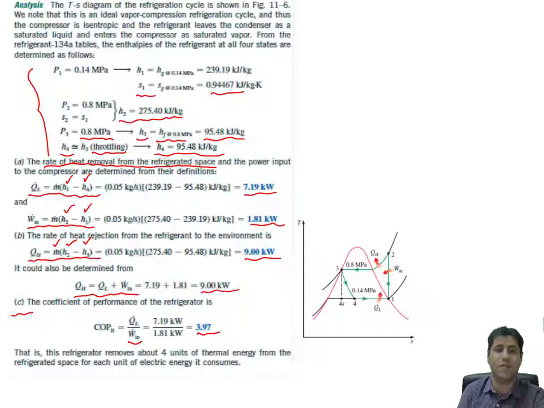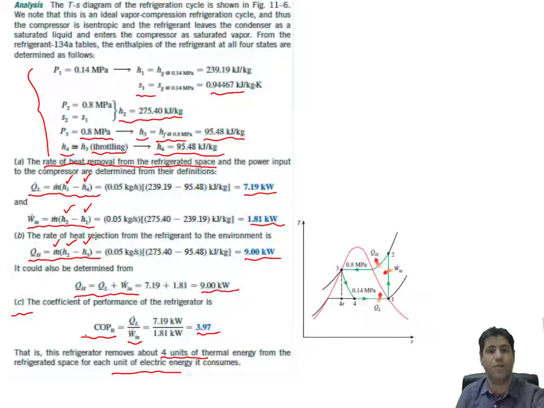It means this refrigerator removes about 4 units of thermal energy from the refrigerated space for each unit of electric energy. In other words, it shows how efficient this refrigerator is, and we can compare this refrigerator with other refrigerators by this COP.